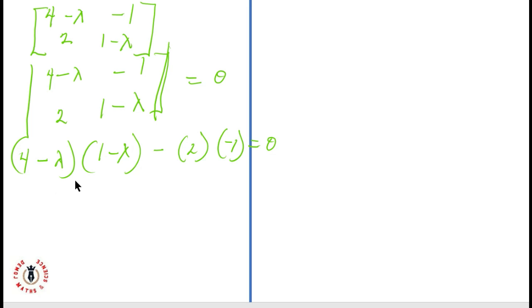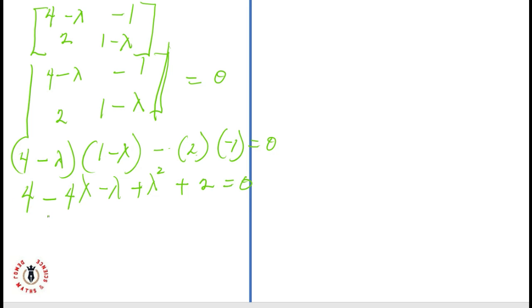So let's open this bracket. 4 times 1 is 4, minus 4 lambda minus lambda plus lambda squared. Then minus 2 times minus 1 automatically becomes plus 2, equals 0.